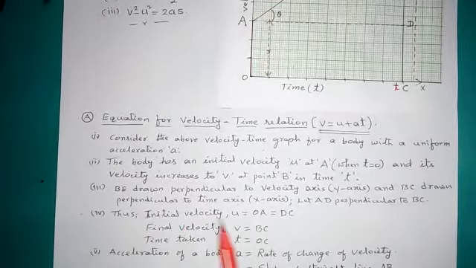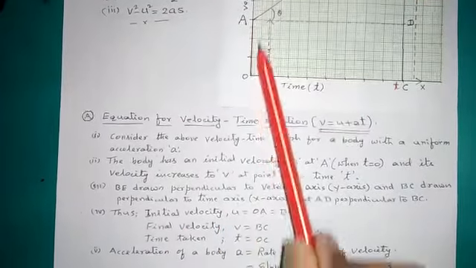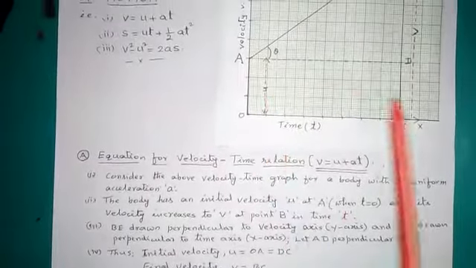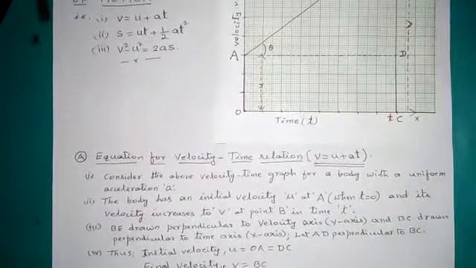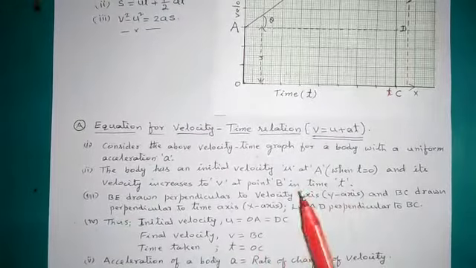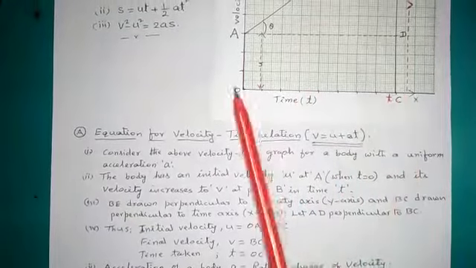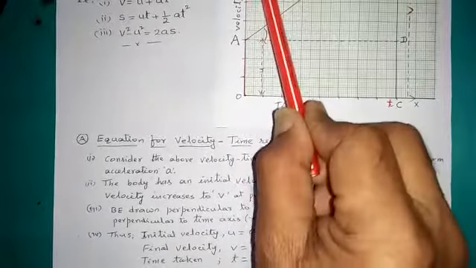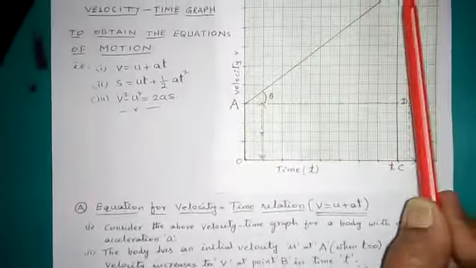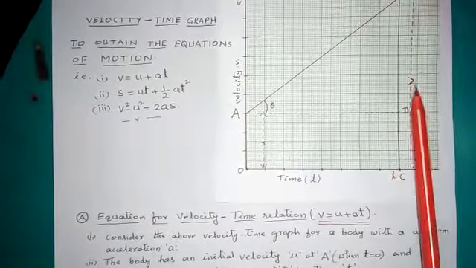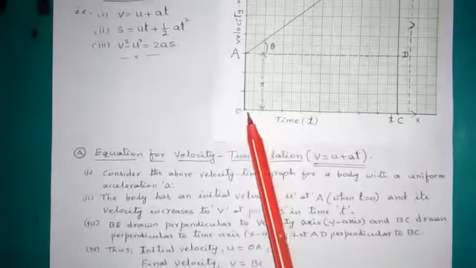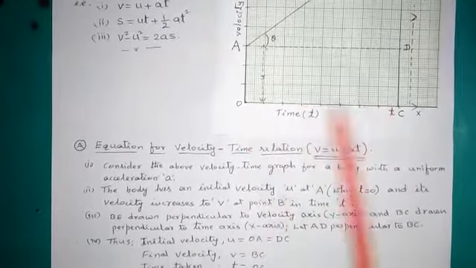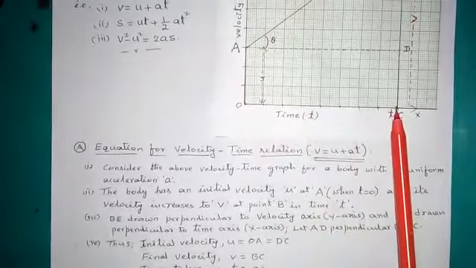Thus initial velocity u is equal to OA, which is equal to DC, and final velocity v is equal to OE, which is equal to BC. It is shown here clearly. Time taken is equal to t, which is equal to OC.